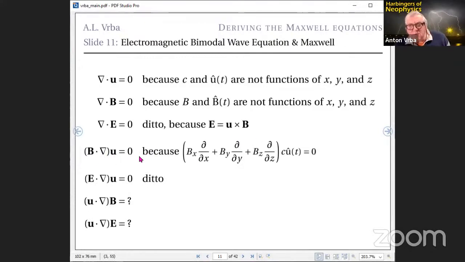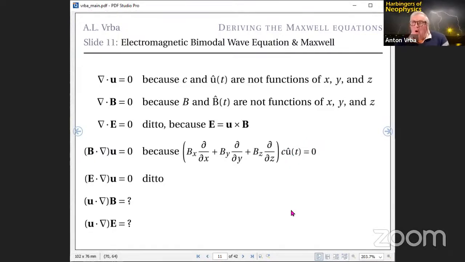We basically expand the dot product of b cross the gradient, or nabla or whatever we want to call it, which then gives us this part. And then I've got a term over here that is again zero because there are no x's or y's in that equation.